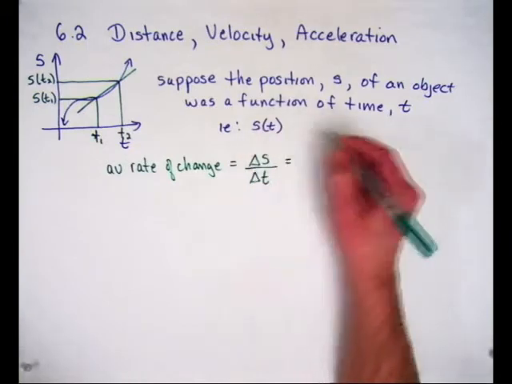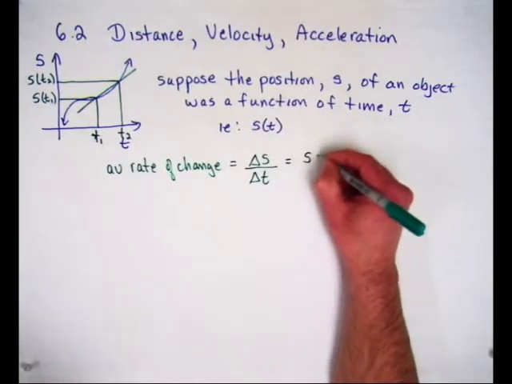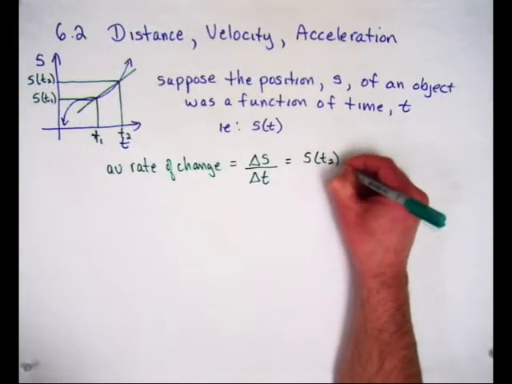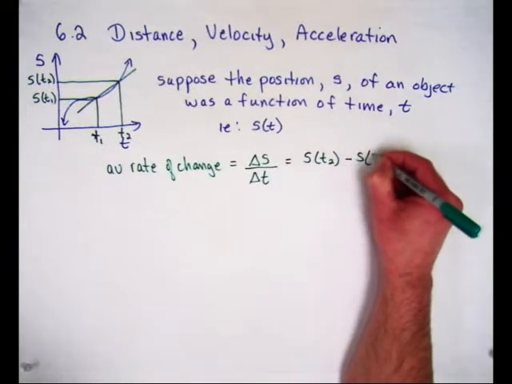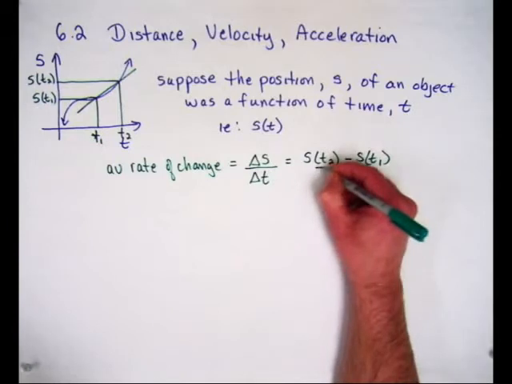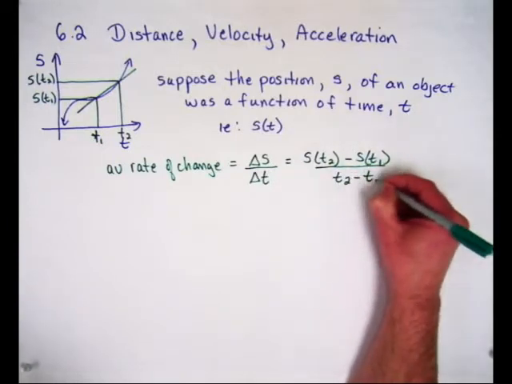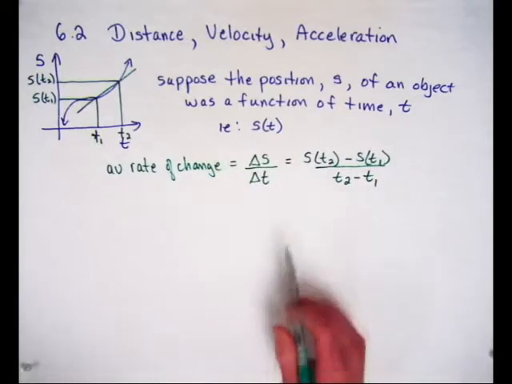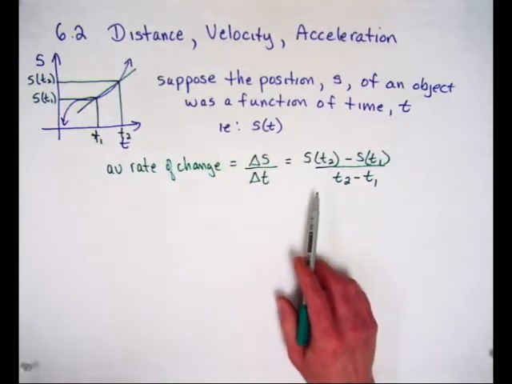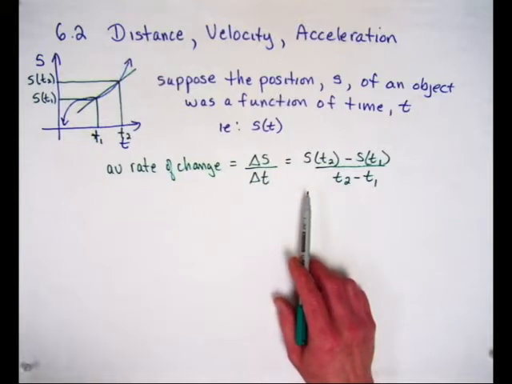Or if we use our function, it would be S at t2 minus S at t1 all over t2 minus t1. I want to stress that what we're doing here is exactly the same as 6.1. The only difference was in 6.1 it was just a function called f of x. In this case it's a position function called s of t.